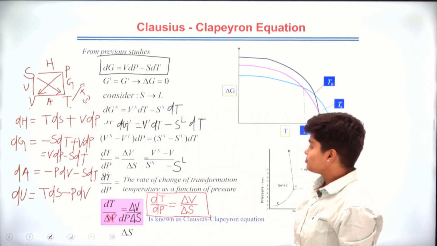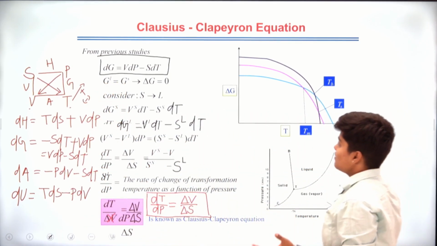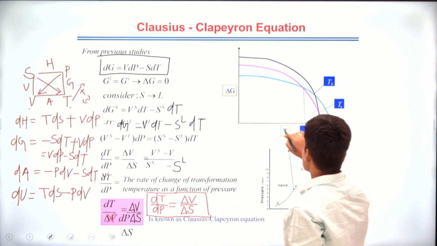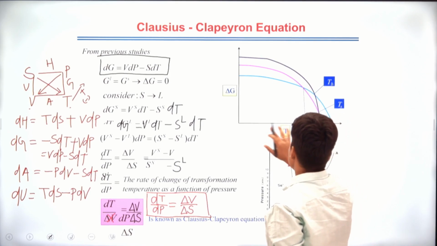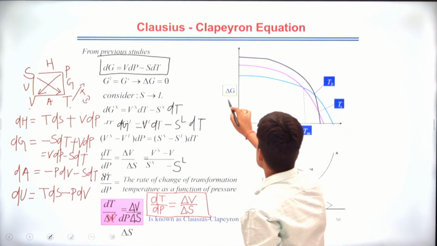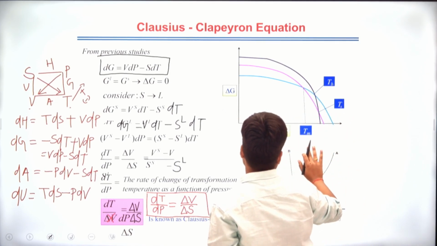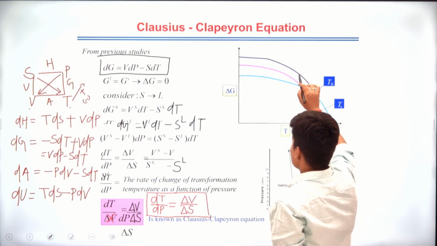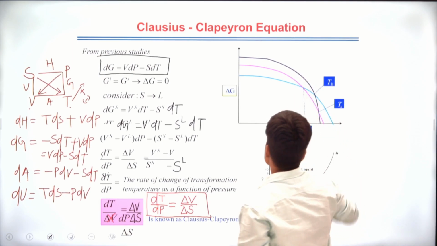So now we will derive the Clausius-Clapeyron equation. See this graph, it is drawn between G, the Gibbs free energy, and temperature T, and these lines are given for solid, liquid and vapor.